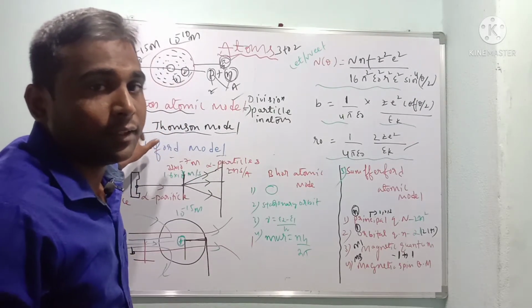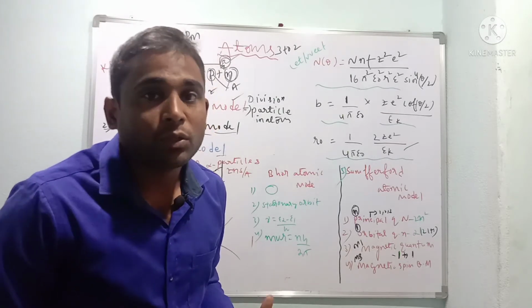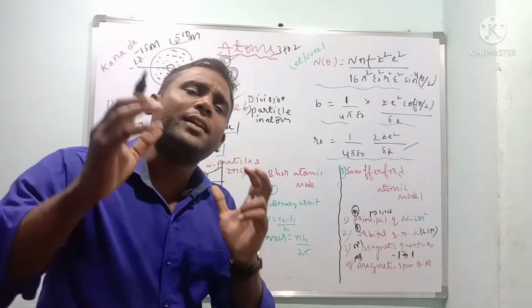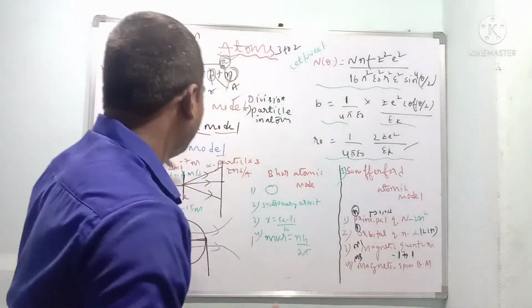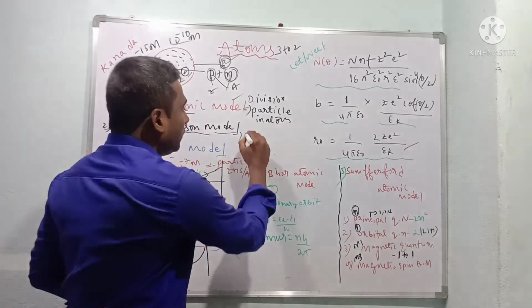But he did not reveal anything about the nucleus. That is the greatest drawback of Thomson. He had not given information about the nucleus.